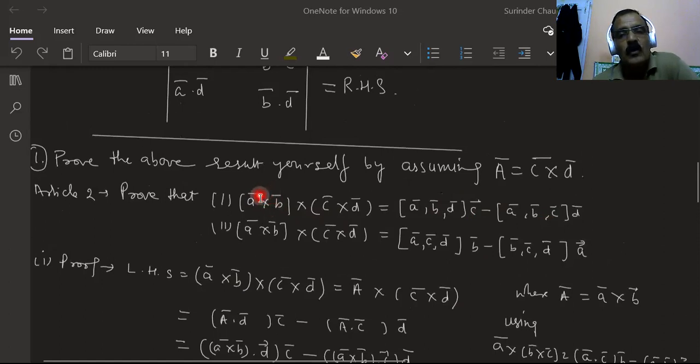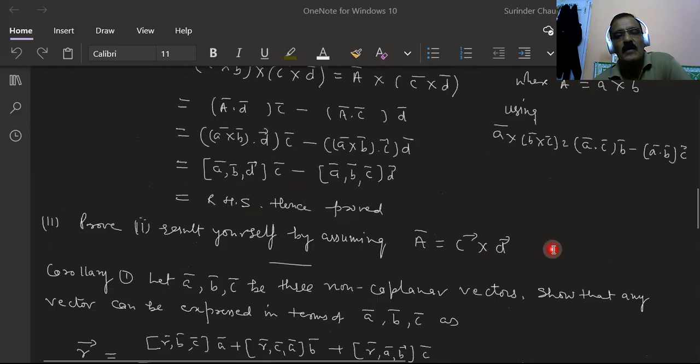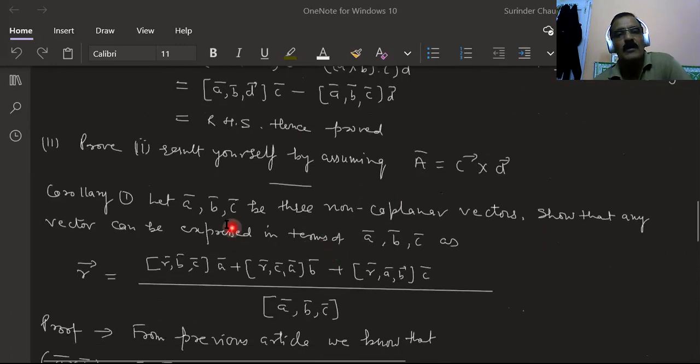If you first find the cross product of A and B, the resultant vector will be perpendicular to the A and B vectors and coplanar to the C D vector. If we first find the cross product of the C D vector, the resultant vector will be perpendicular to the C and D vectors and coplanar to A and B.